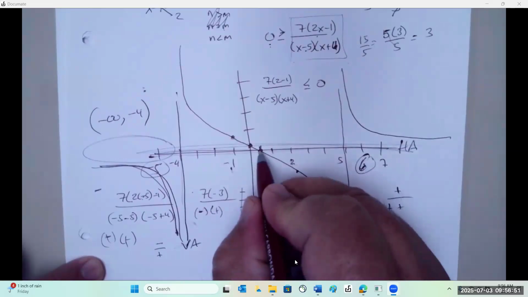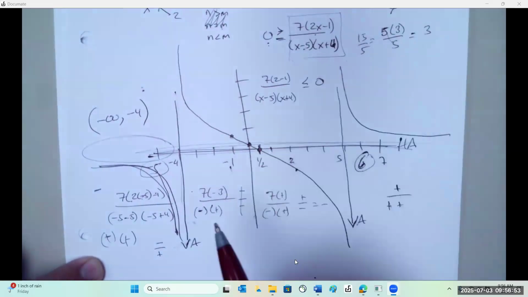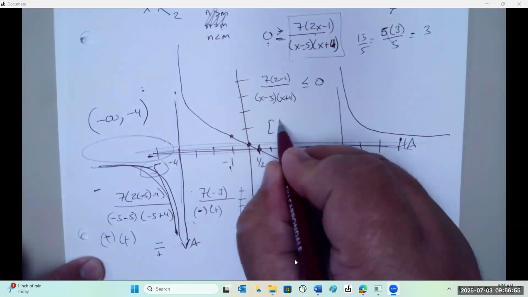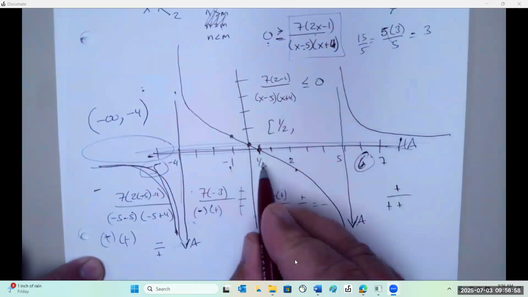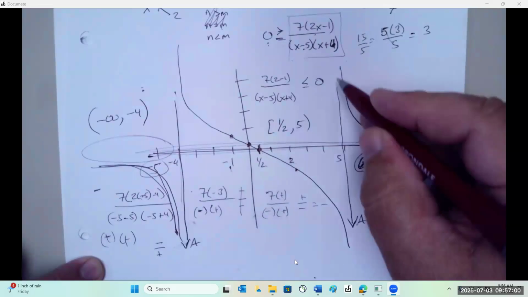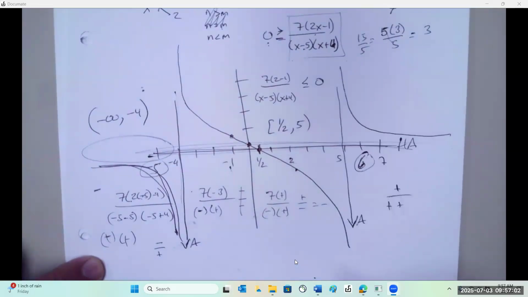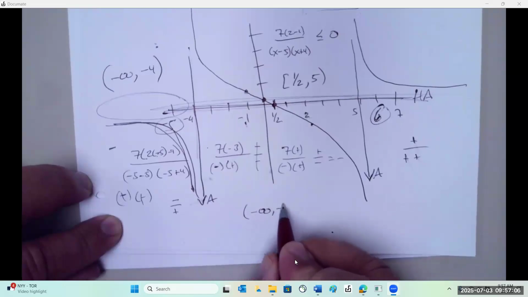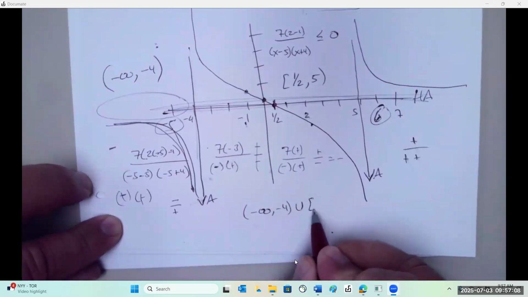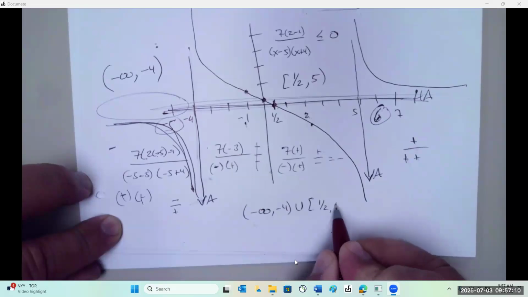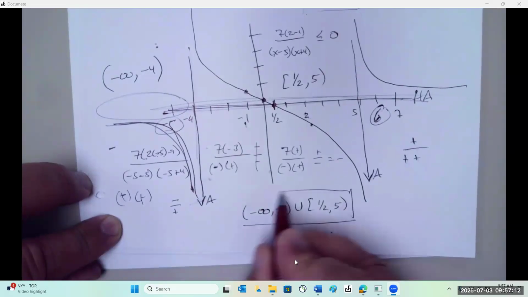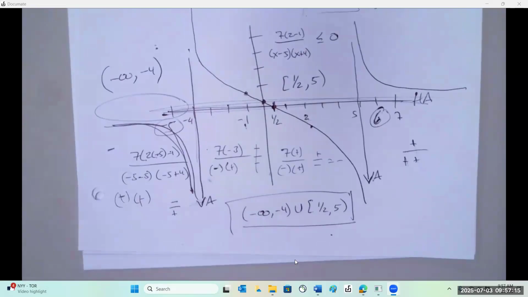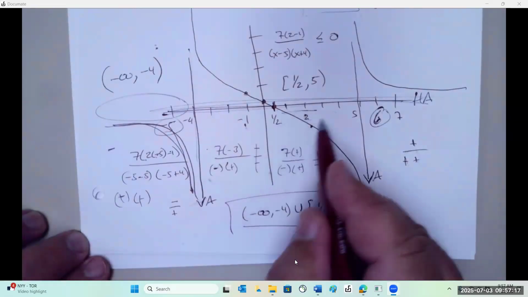Yes, because it's an equality. So from 1/2 all the way up to 5, which is the next vertical asymptote. So my final answer is this. It's where the graph is below the x-axis.